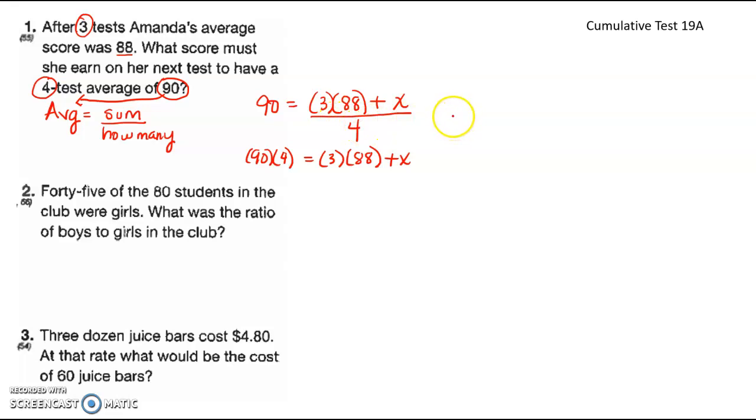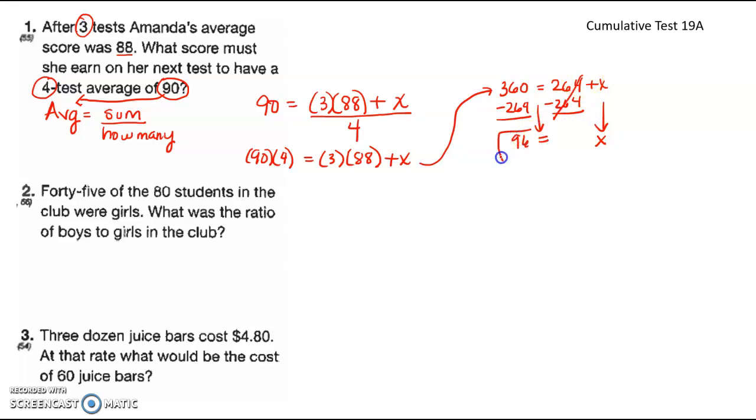So let me go ahead and get some numbers down. 90 times 4 is 360. 360 is equal to 3 times 88, 264 plus x, so I'm going to subtract that. And she's going to have to make a 96 so that her overall average would be 90.